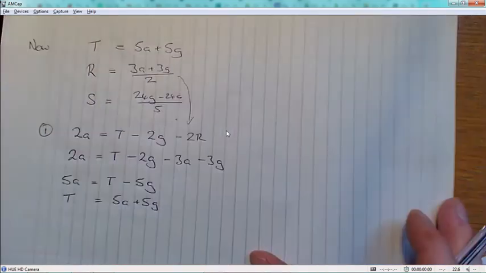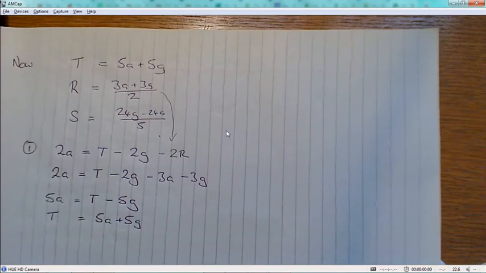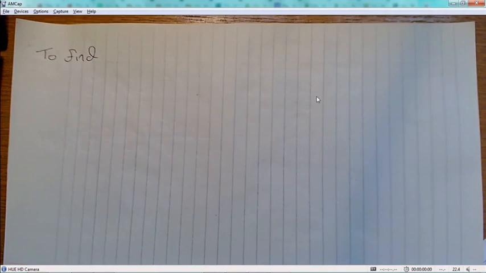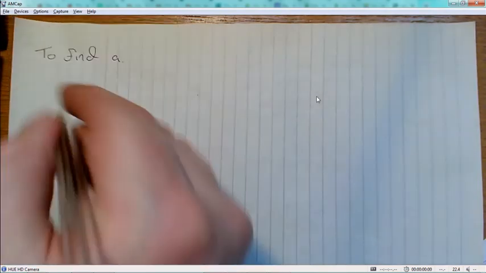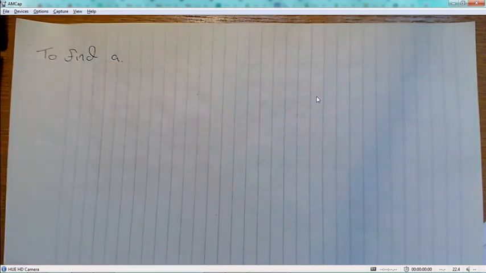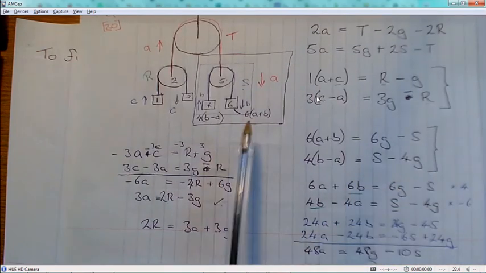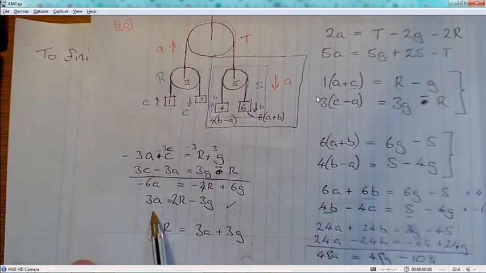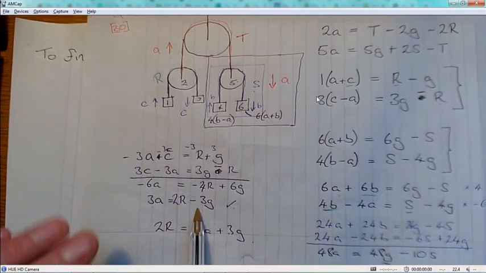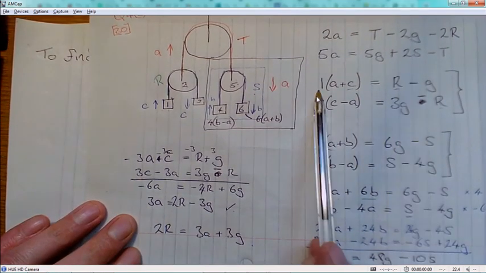So what's wrong with all these is that we've no A. So to find A, we need to do a couple of little calculations. We had an equation back on the first page, when we were dealing with this side, and that came out to say 3A is equal to 2R minus 3G, from combining these two phrases.